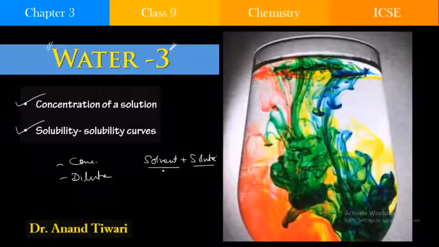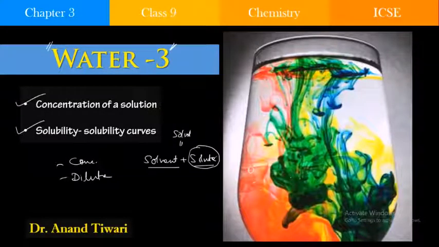So when we say the concentration of a solution, that means what is the concentration of a particular solute in the solution. Solute plus solvent will give the solution. So for example, the red color, green color and blue color are the three solutes.